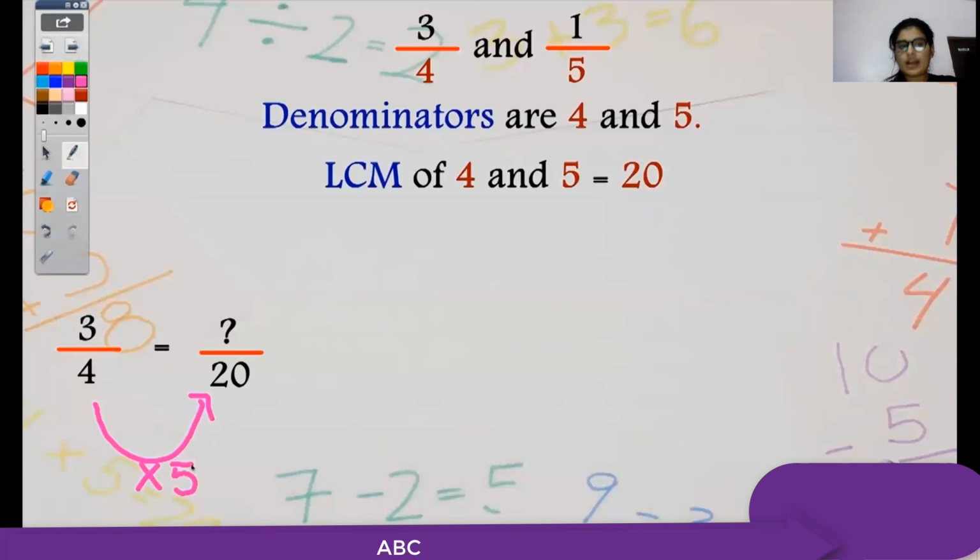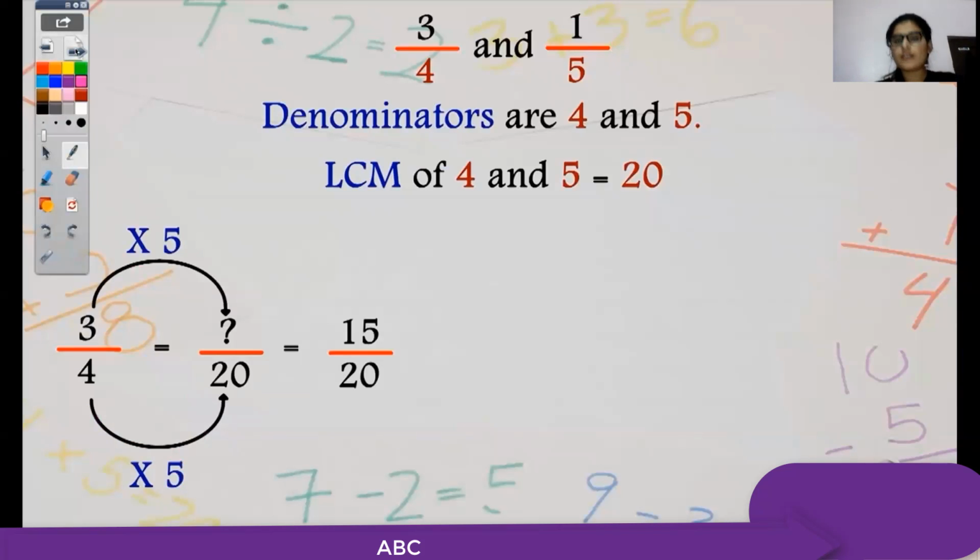So I'll multiply 3 with 5. 3 into 5 is 15. So I'll write here 15. So 15 by 20 is the equivalent fraction of 3 by 4.